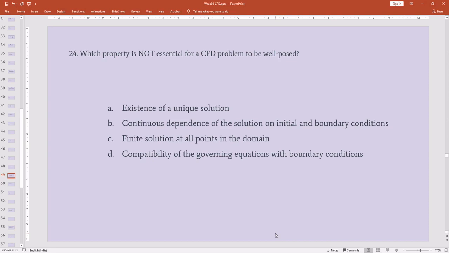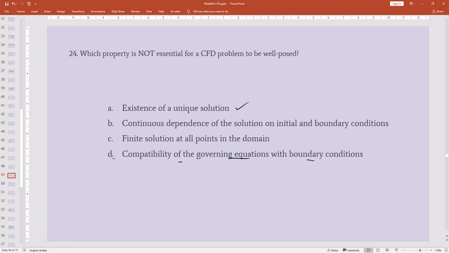For a problem to be well posed, we know it should have a unique solution. It should be solvable at all times, and there should be continuous dependence. A small change in the initial or boundary condition should reflect in the solution, and also it should be solvable. So the governing equation should be compatible with the boundary condition.